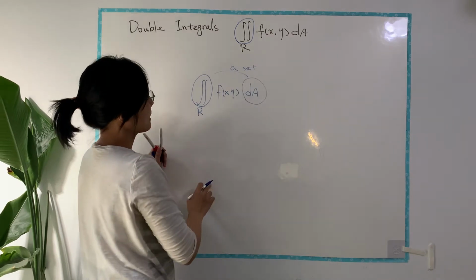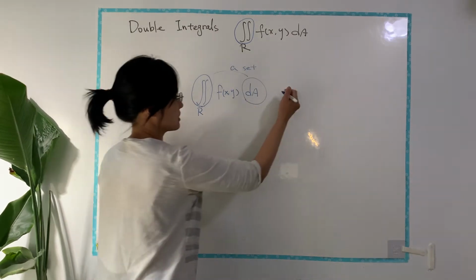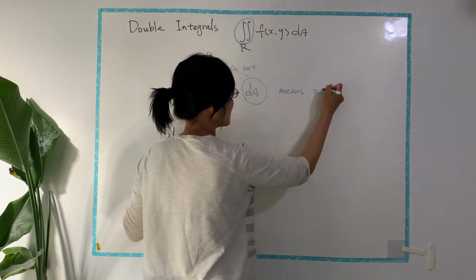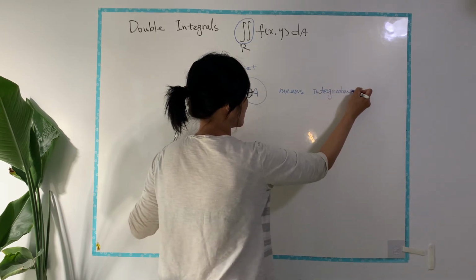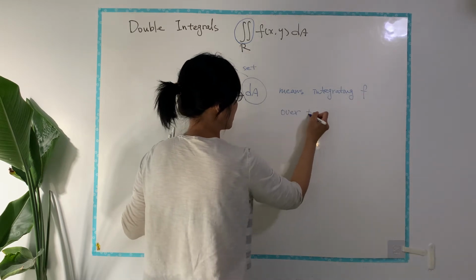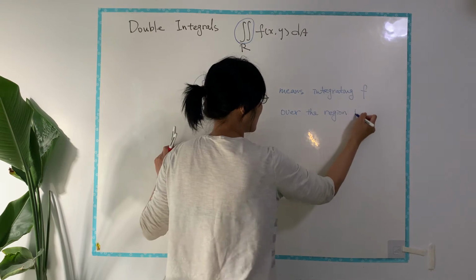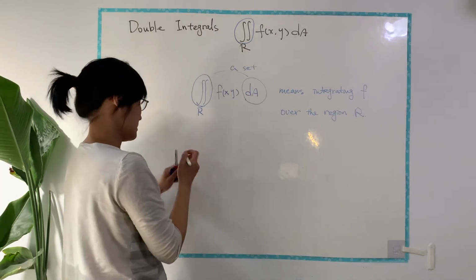So this notation means to integrate the function f over the region R. And A stands for area element.